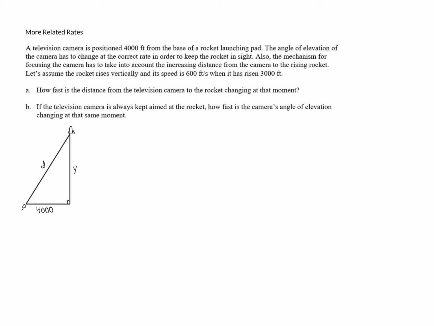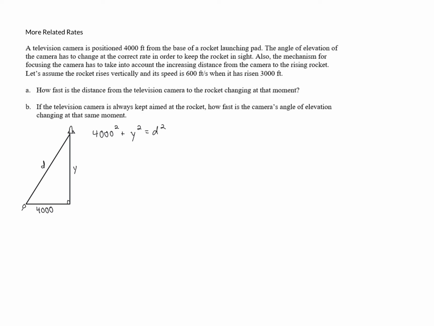So we need an equation that relates d and y so that we can use implicit differentiation and look at their rates of change. Now, this is a right triangle, so you're probably already thinking Pythagorean theorem. If so, that is great. We've got 4,000 squared plus y squared equals d squared.